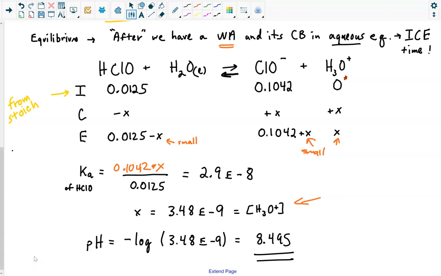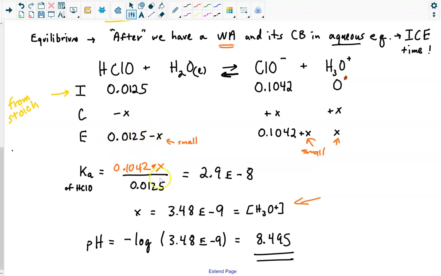Now you may ask yourself at this point, okay, well, Mr. S, we had this HClO and it's reacting with water. That's an acid reacting with water. Why didn't it end up with an acidic pH? Well, now we can look at the concentrations. At equilibrium, the way this is set up, you have much more conjugate base present than you do the acid.